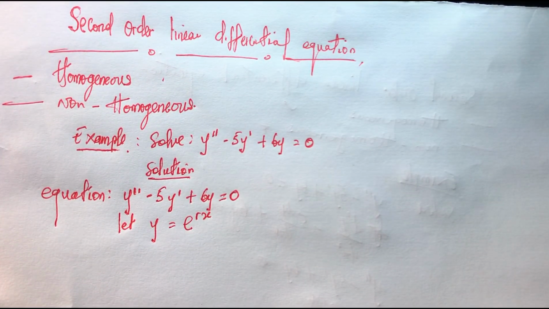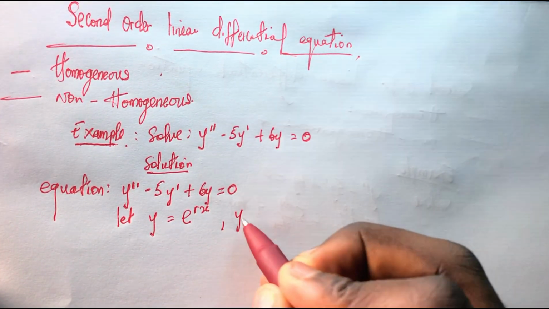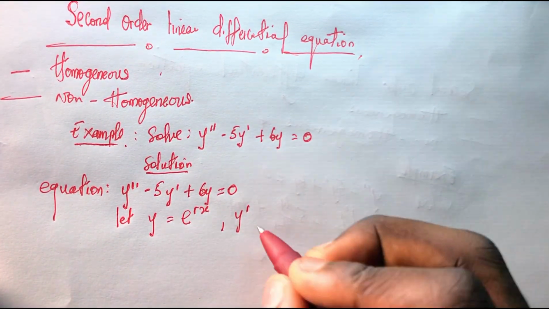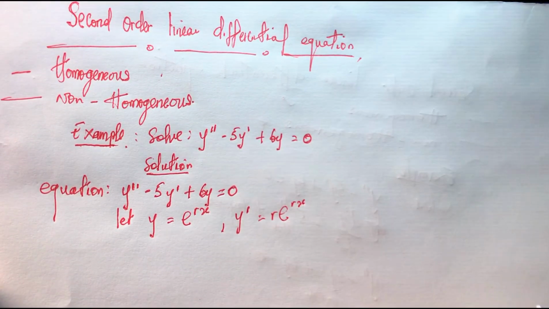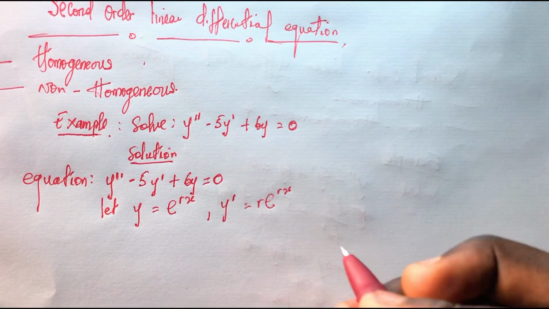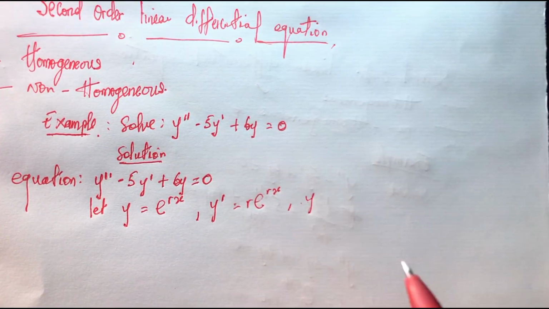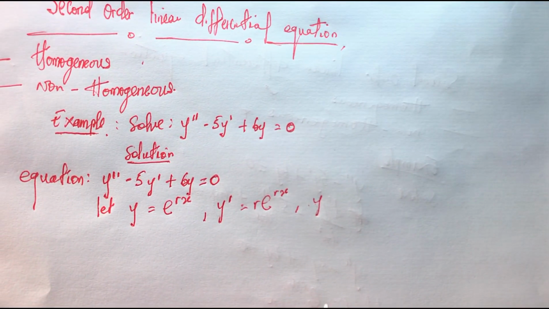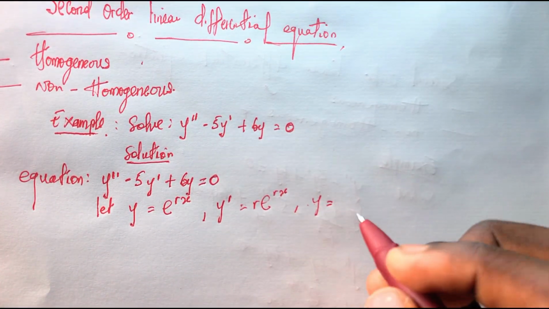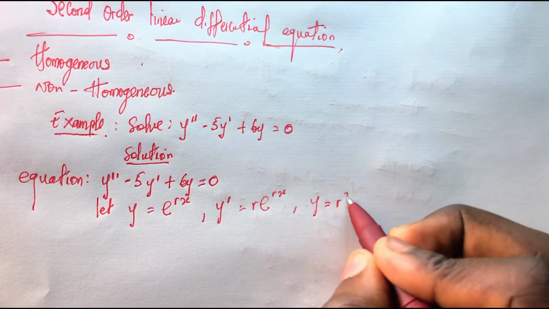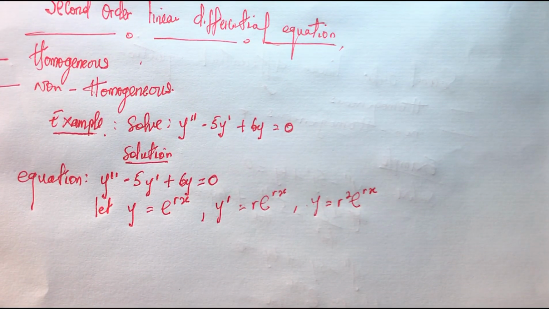If we differentiate y, we should have r exponential rx. If we differentiate y prime, we should have r squared exponential rx.